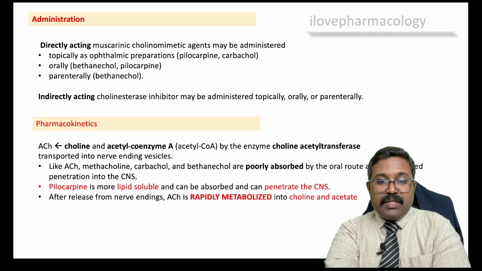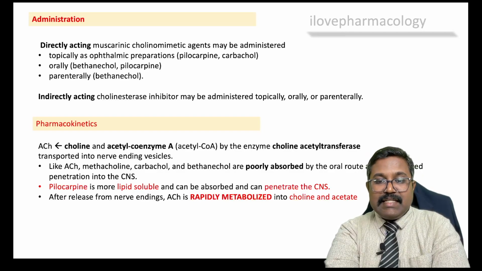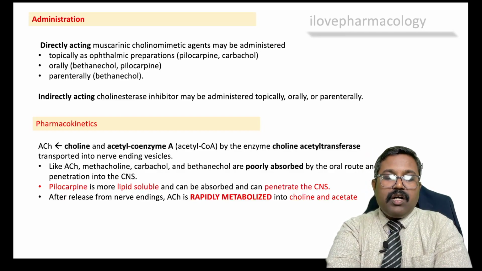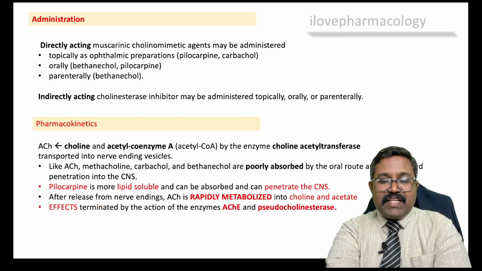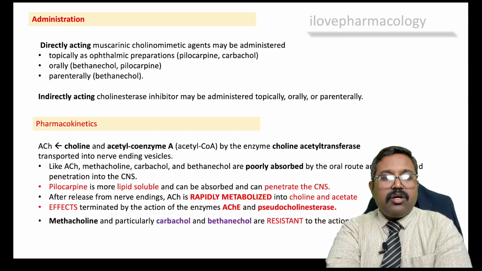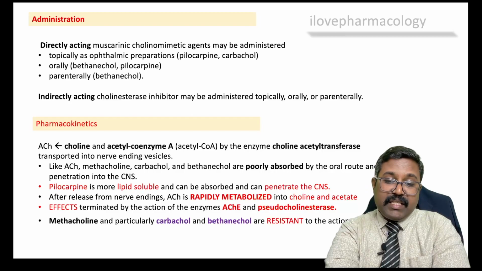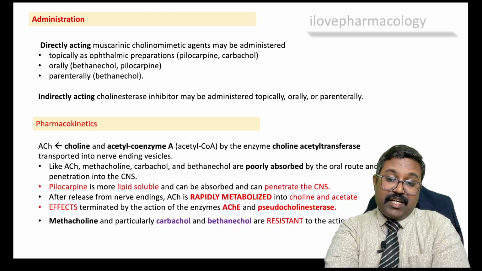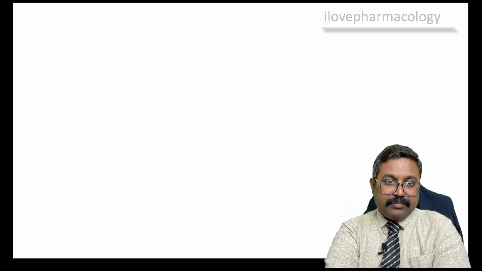After release from nerve terminals, acetylcholine gets rapidly metabolized by the plasma acetylcholinesterases into choline and acetate, and choline will be taken up again for a fresh cycle of synthesis of acetylcholine. So effects are terminated by acetylcholinesterases and pseudocholinesterases. Methacholine, particularly carbachol and bethanechol, are resistant to the action of the cholinesterases. This you need to remember.